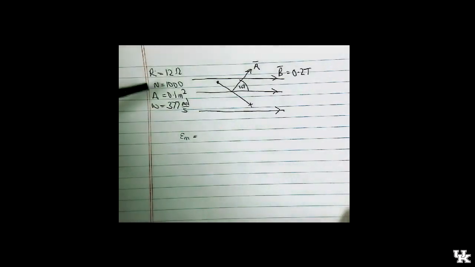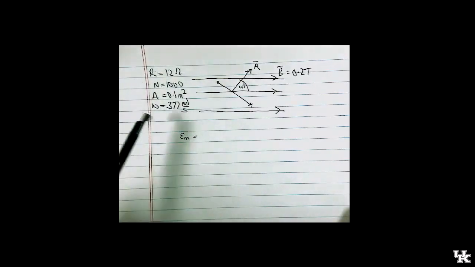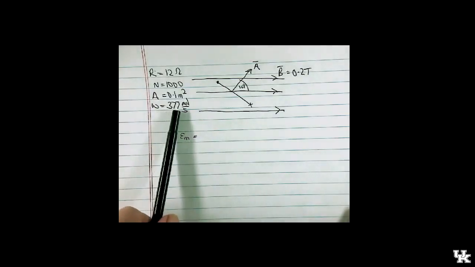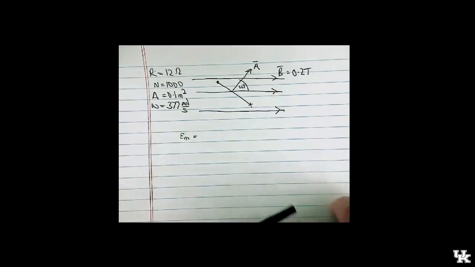So it's 12 ohms, 1,000 turns, 0.1 square meter area, and it's rotating at 60 complete rotations a second. If you multiply that by 2 pi, that gives you the angular velocity in radians per second. So 60 times 2 pi is 377 radians per second. I wrote down all that information.